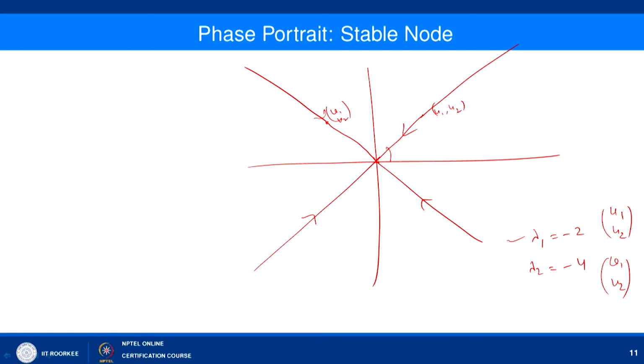The slope here is v2 upon v1 and the slope there is u2 upon u1, and since this corresponds to lambda 1, your solution will ultimately tend to 0 along this line. So, the origin is an asymptotically stable node.